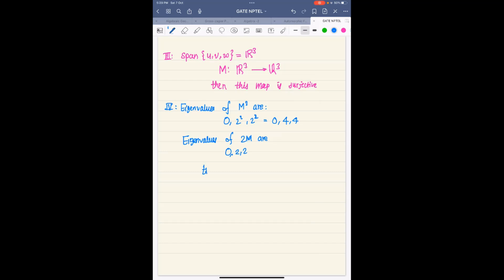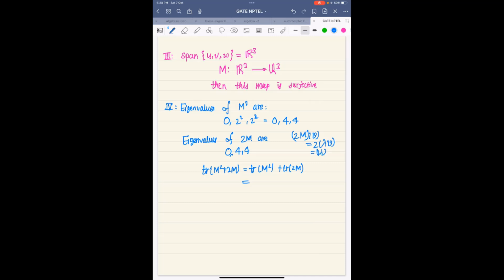Now the trace of M square plus 2M will be equal to the trace of M square plus the trace of 2M. I think it should be again 4 and 4, right? Because if lambda is an eigenvalue with eigenvector v, then 2M v is equal to 2 lambda v.